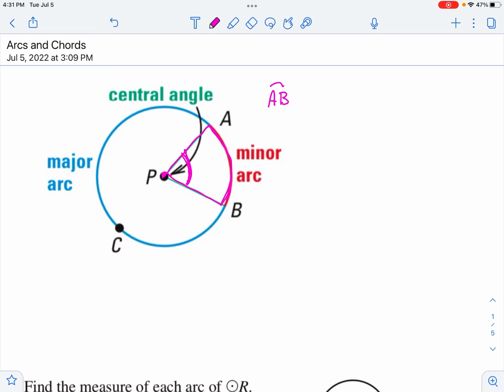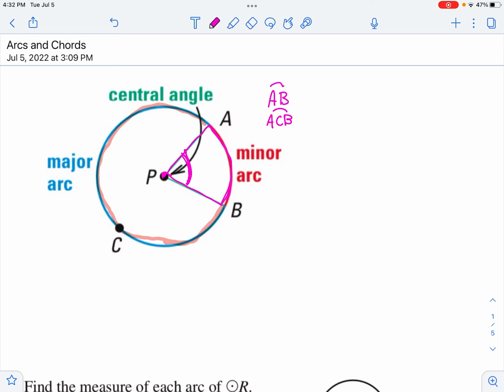Now, if you look at the other part of this arc, the rest of the circle, I'll say this is arc ACB. That arc is bigger than 180, so we'll call that the major arc. So we've got a minor arc and a major arc.